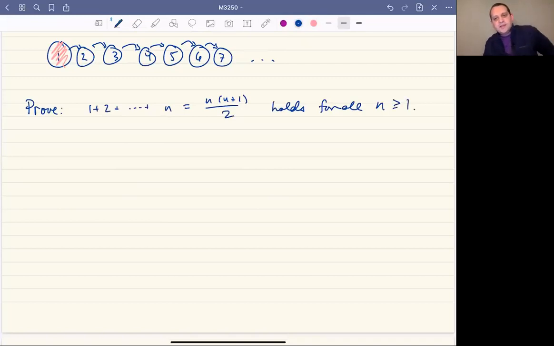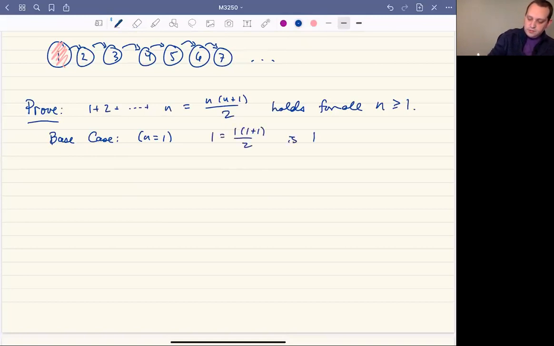Now, the base case is going to be our first case here, which in our case is n is 1, and we already checked that that's true, but just so that we have this all written in a nice, succinct way, let's do it again. So our base case corresponds to n equals 1, and that says that 1 is equal to 1 times 1 plus 1 over 2, which is true. The base case is usually not a long process, but it turns out to be an important process.